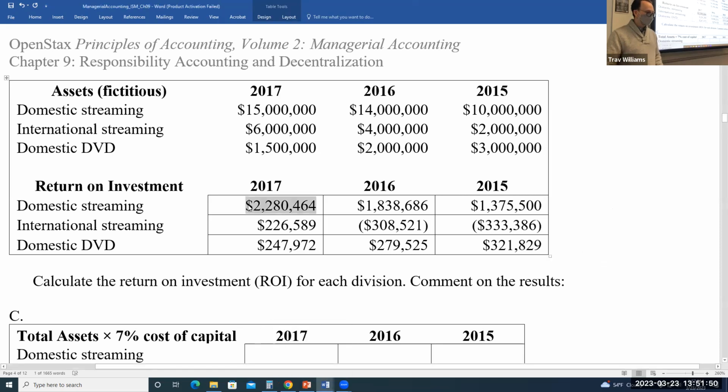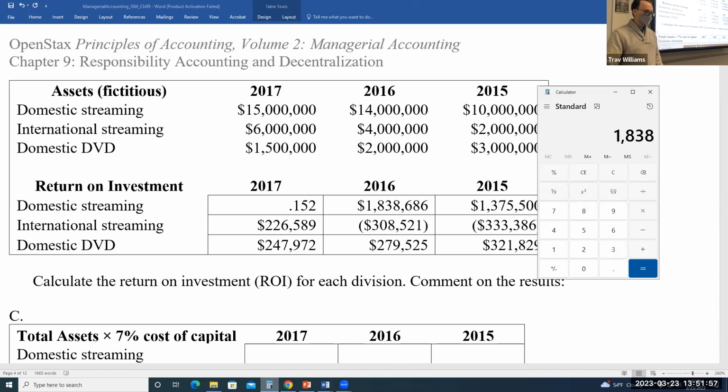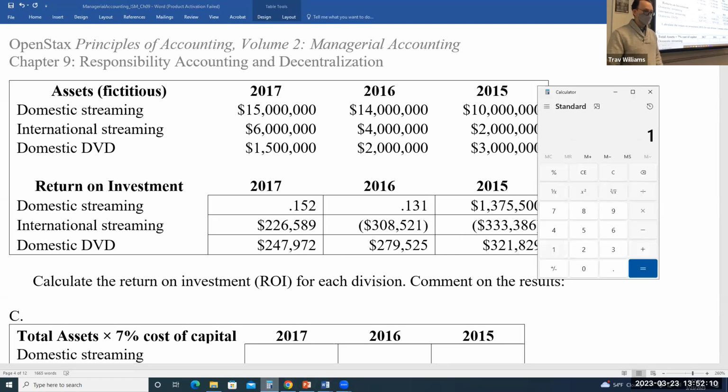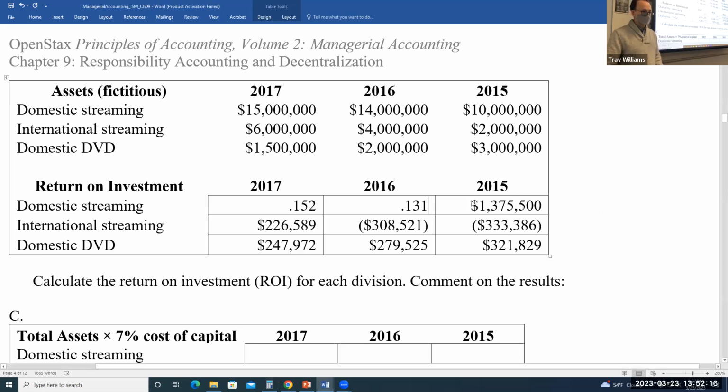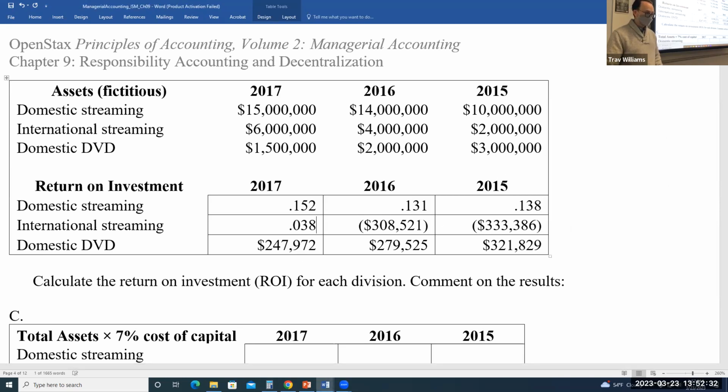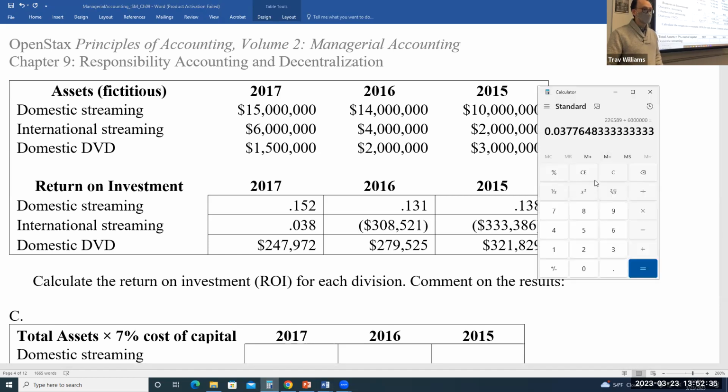Here I got 15.2%. 13.1. 13.8. 3.8. And then here we have a loss.